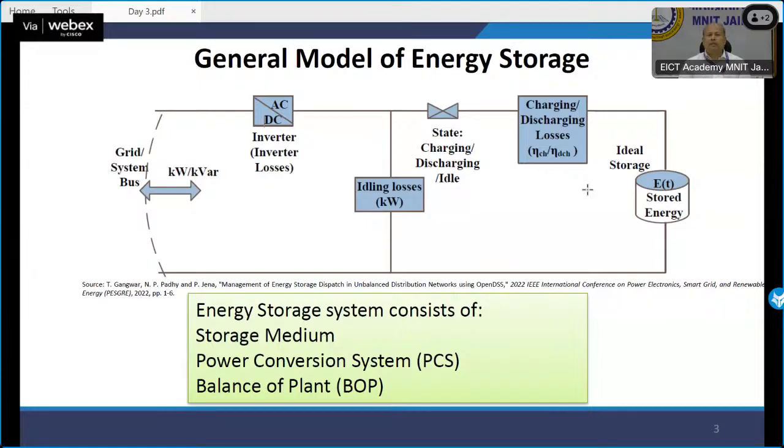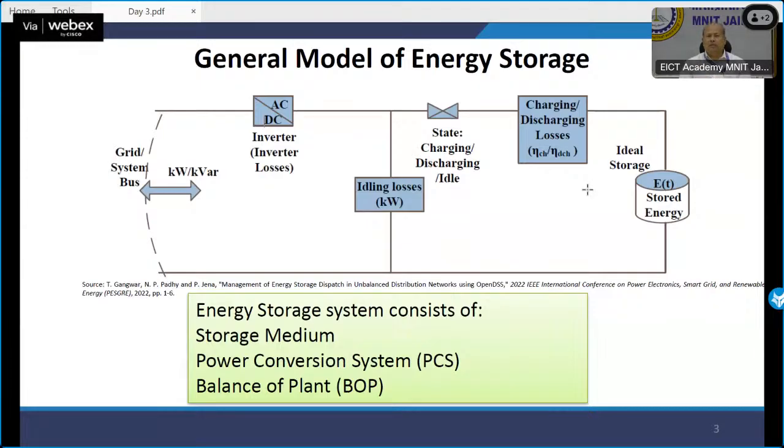The moment it is acting as a load, it is getting the energy from the grid. Because the grid is AC supply, there is a conversion process from AC to DC, and the DC is available for my battery to charge. Depending upon the mode of operation, whether it is charging or discharging, the switch needs to operate accordingly.